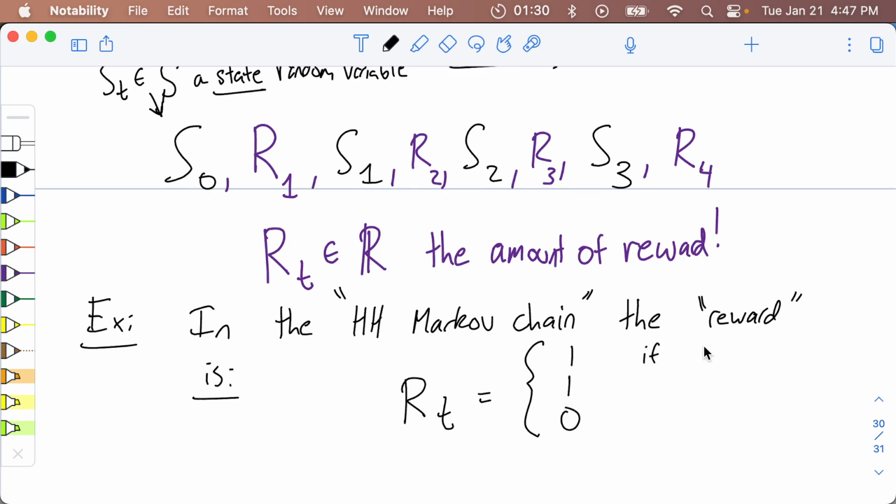It's 1 if st minus 1 equals 0, 1 if st minus 1 equals 1, and 0 if st minus 1 equals 2. So it's either 1 or 0, and it sort of represents how many extra coin flips you have to keep flipping to keep going. And it looks at the state before, right? So RT looks at st minus 1, the state before you were there.